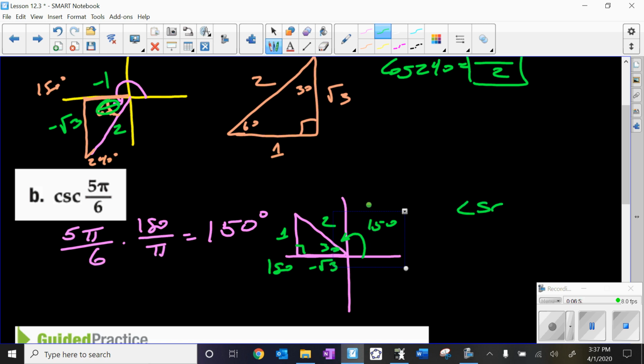Or just know that cosecant of 5 pi over 6, even though it's the same thing as 150, is hypotenuse over opposite. The hypotenuse we know is 2. The opposite in this case is across from 30, which is 1, so we get a value of 2.